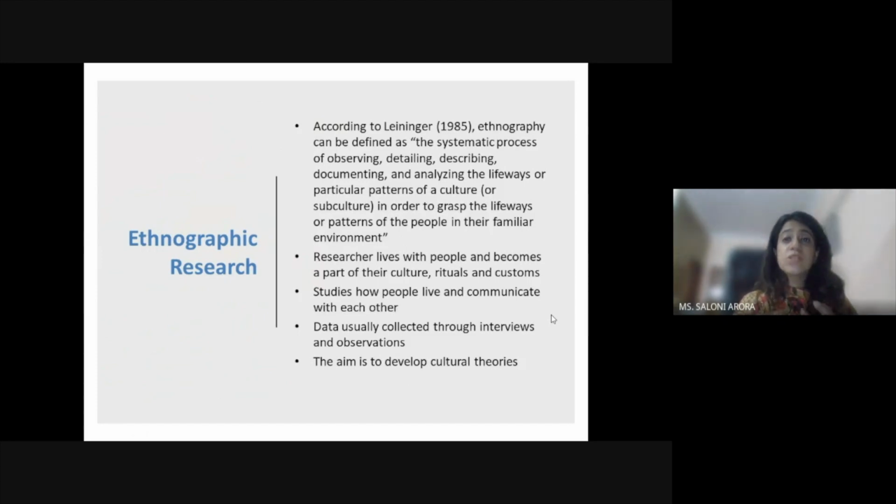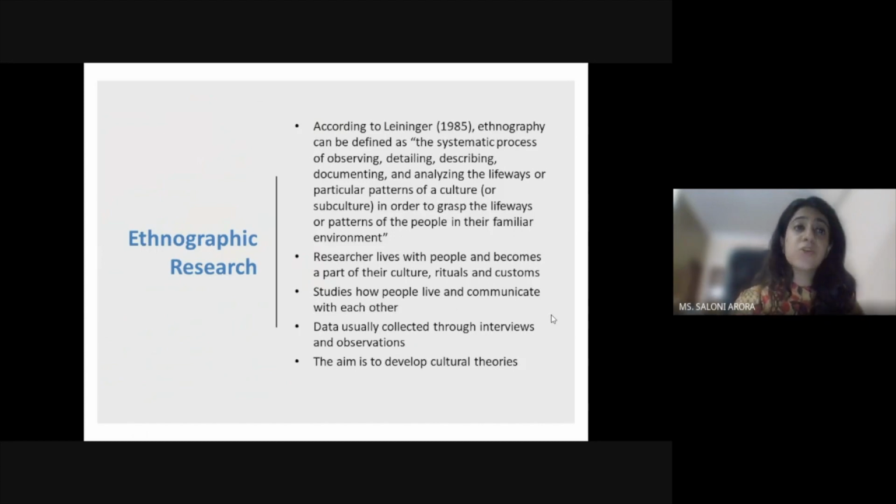So, we are going to study a certain group of people, their culture, their beliefs. We're going to observe them, we're going to understand them, describe them. We're also going to document them. Why? Because our field notes are very important. Our field notes are what are going to really help us in our documentation, in our analysis. And then, after we have everything ready, we're going to analyze the varied patterns.